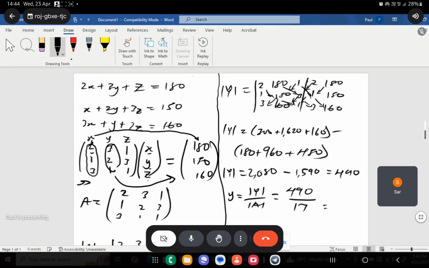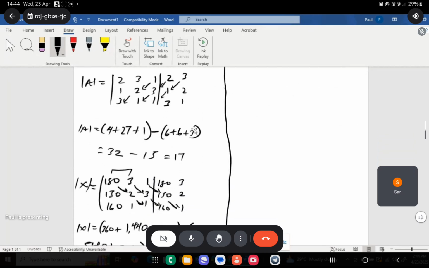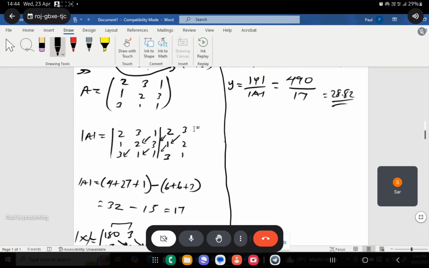Ideally, in matrix questions you shouldn't be getting decimals, but I don't know. That's why I said either he has not checked the question, because even the first question we made a mistake. I said there was a mistake in it.